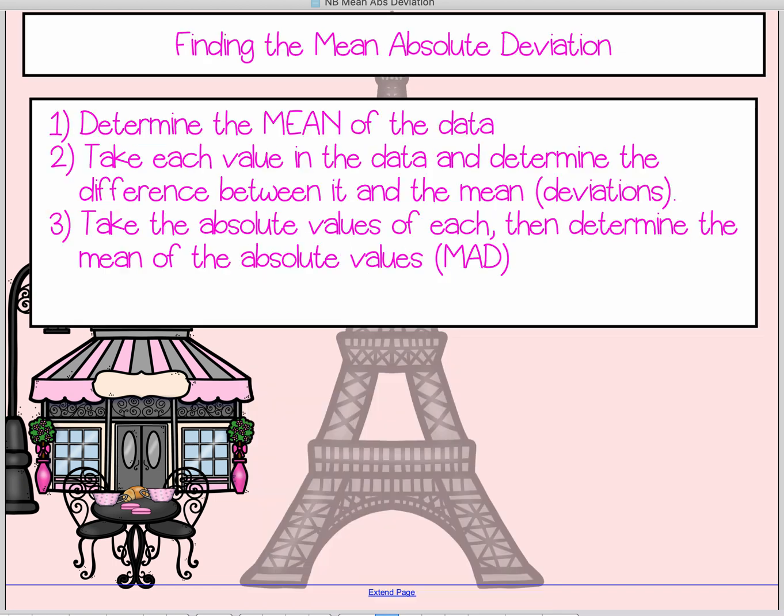Okay. So now we're going to look at calculating what we call the mean absolute deviation. The mean absolute deviation is a very specific value, and what it does is it helps us figure out not necessarily what's normal, but kind of what's typical.